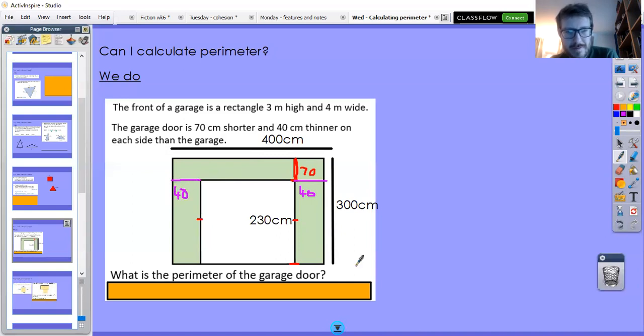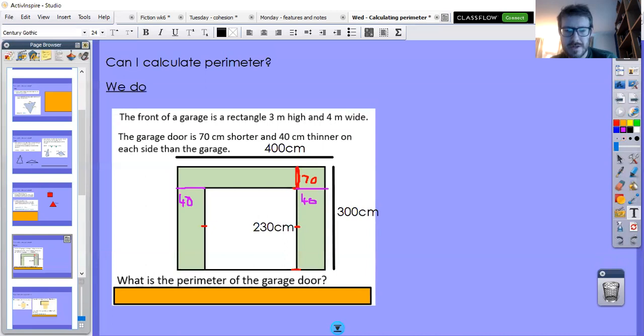It's 40 centimeters. So actually, it's 80 centimeters thinner in total because it's 40 centimeters thinner on each side. So what I then need to do is do my 400 and take away 80, which would be 320 centimeters.